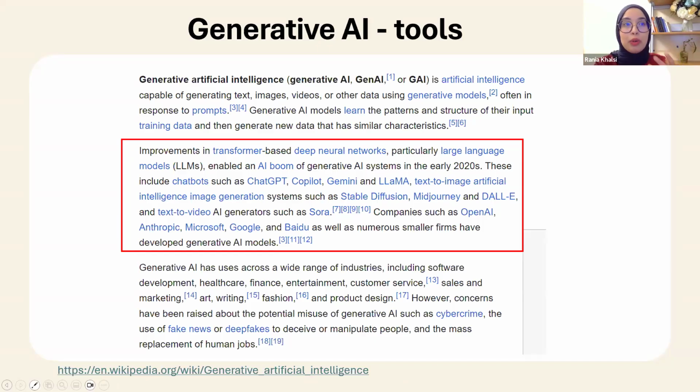What we will focus on is large language models, at least in these videos. So the companies developing this kind of product include, like I mentioned, OpenAI, Microsoft, Google, and so on. Okay, and so it's a huge competition taking place.